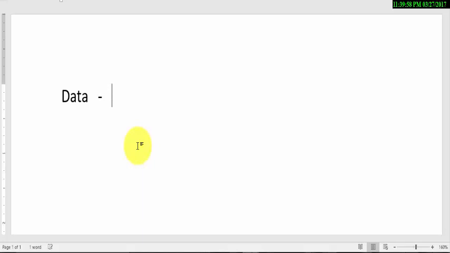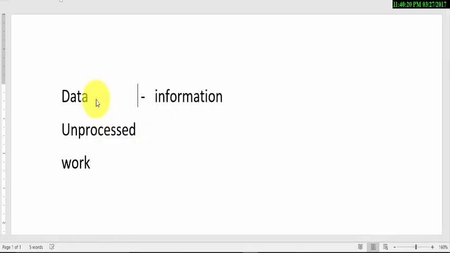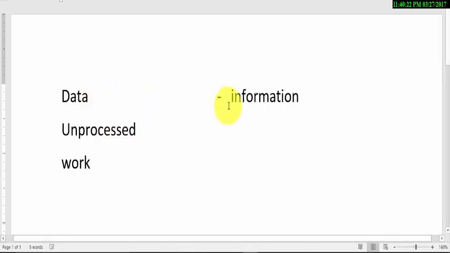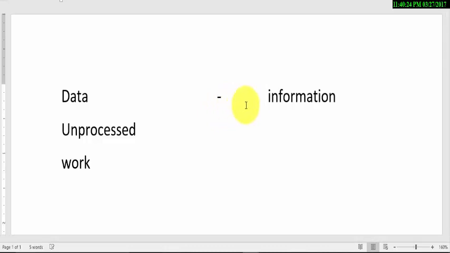Then we have what we call information, which we need to understand here. Data is unprocessed work. So allow me to do this, students.